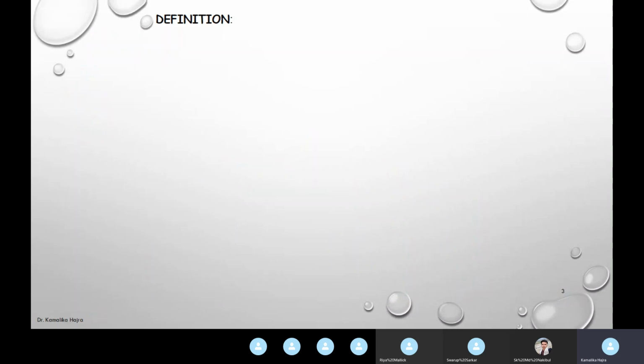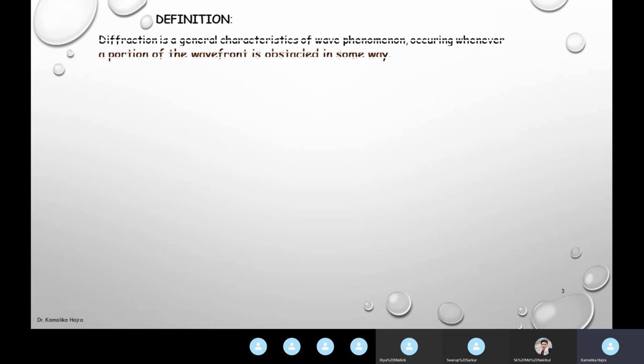All right. So now we come to the textbook definition of the phenomenon of diffraction. What is diffraction? How is diffraction defined? The textbook definition is that it's a general characteristic of wave phenomena, and it occurs whenever a portion of the wavefront is obstructed in some way.